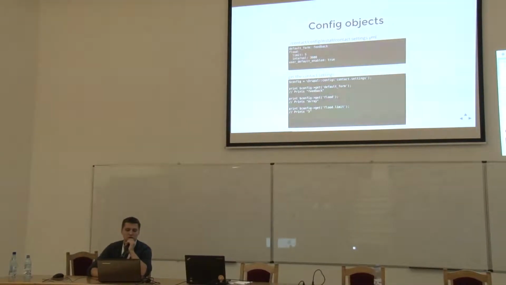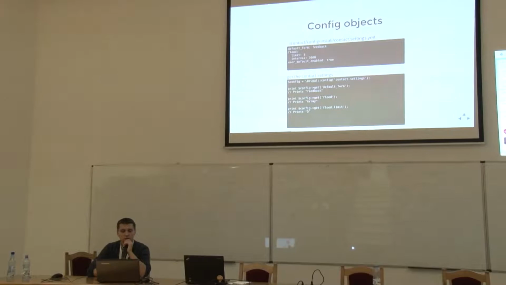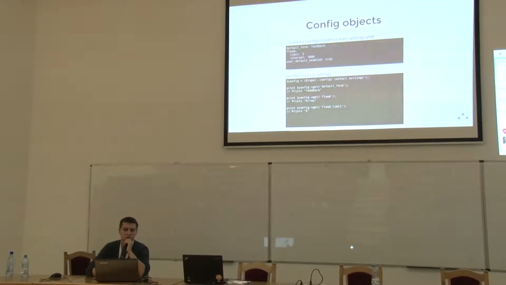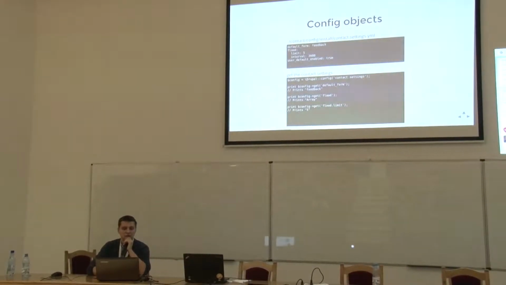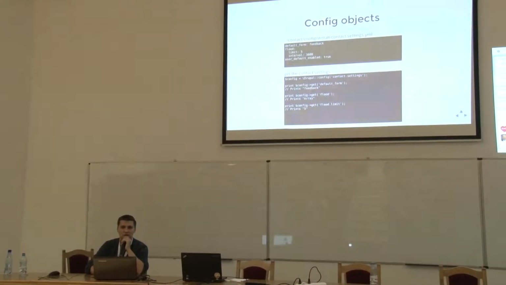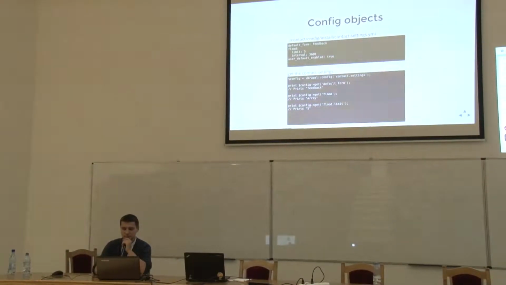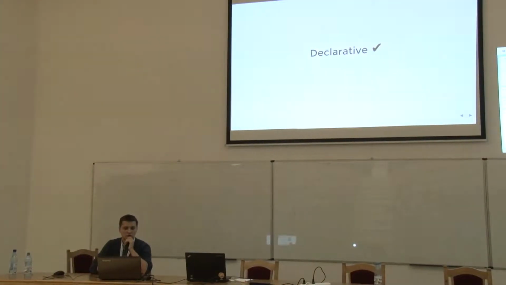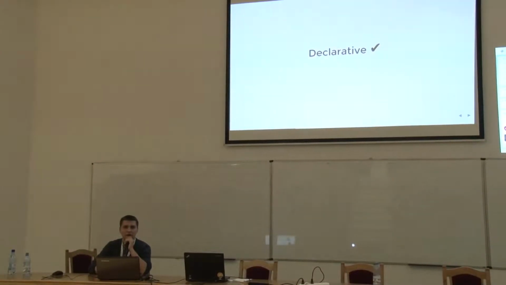Drupal also gives you the possibility, through configuration objects, to get, set, or even delete this piece of information. So we're done: we have a declarative configuration, and it's really readable for non-developers too.